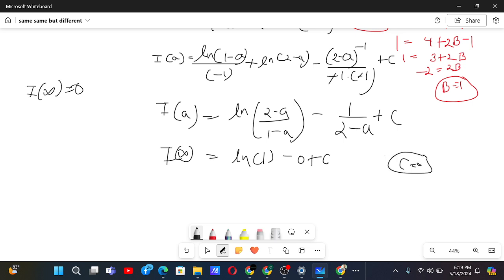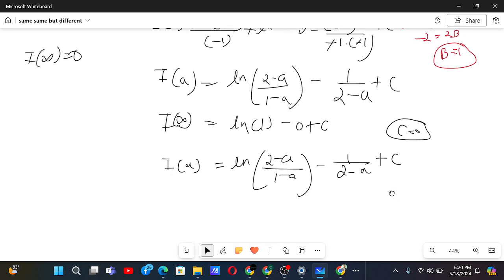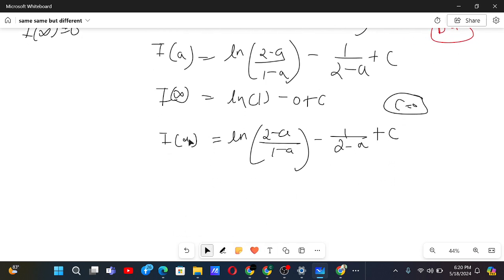And we see that I of a will be ln of 2 minus a by 1 minus a, minus 1 by 2 minus a, plus c. We already assumed that a is less than 1, so we can clearly use a at 0 here, because our assumption isn't out of bounds.